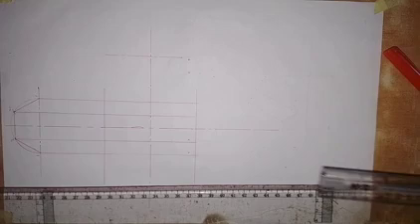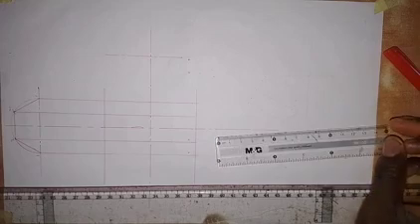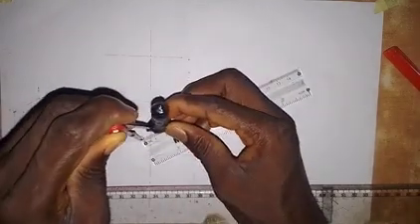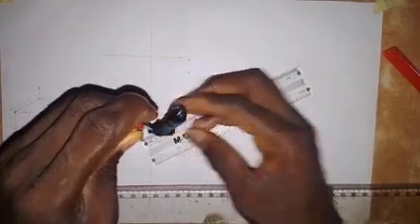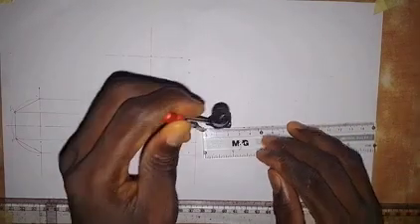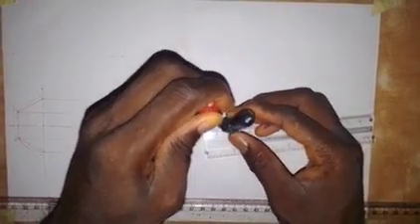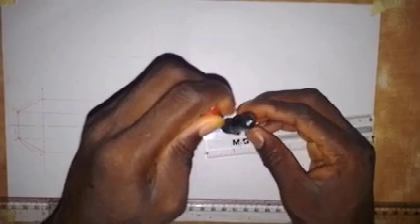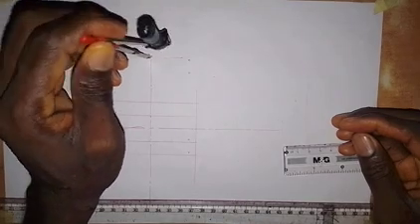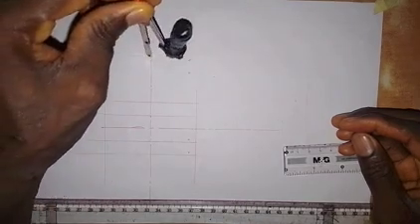As we have the distance across corners for the vertical prism as 30, half of 30 is 15, so I will take 15 millimeters. We take a measurement of 15 millimeters, which is half of the distance across corners that we are given, which is 30, and we draw a semicircle.